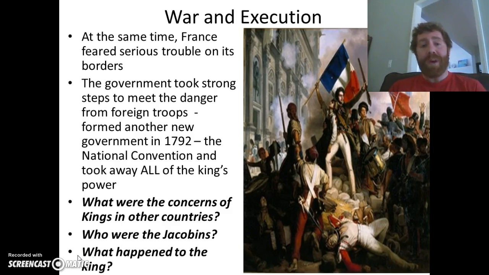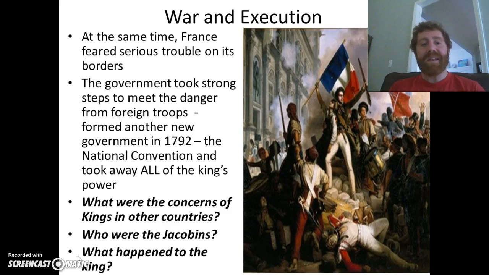And in fact, there was some truth to this. The radicals did want to see and did encourage their ideas to sweep across Europe. In response to this, some monarchs, namely those of Austria and Prussia, Prussia is located just north of Austria and is modern day Germany, if you want to find it on a map, encouraged Louis XVI to take back his power and restore himself as absolute monarch of France.